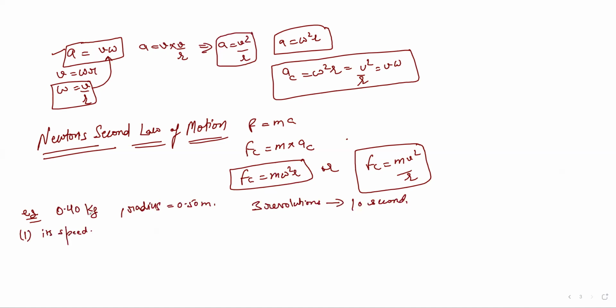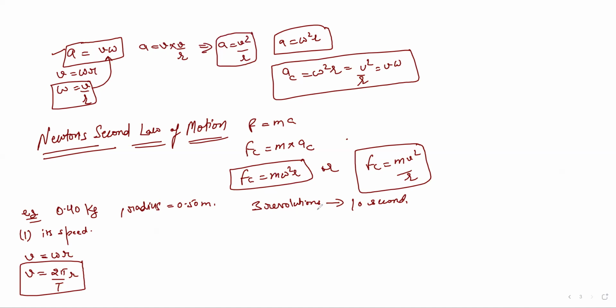How can we calculate speed? We have done that speed V is equal to omega times R, right? And if you remember, omega is 2 pi upon time period. Can we write V is equal to 2 pi upon time period into R? And what is the time period? Time taken to complete one revolution.